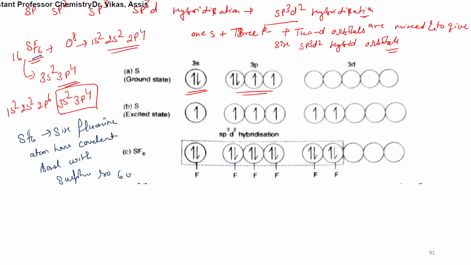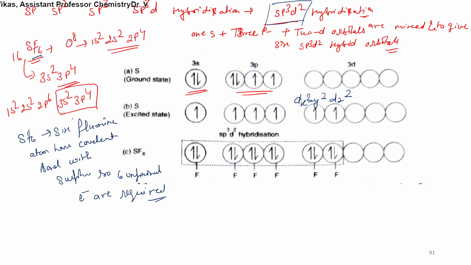So 6 unpaired electrons are required, and this is only feasible when one of the 3p electrons and one of the 3s electrons is excited to the 3d orbital, and these are the dx square minus y square and dz square orbitals in the case of sp3d2 hybridization.